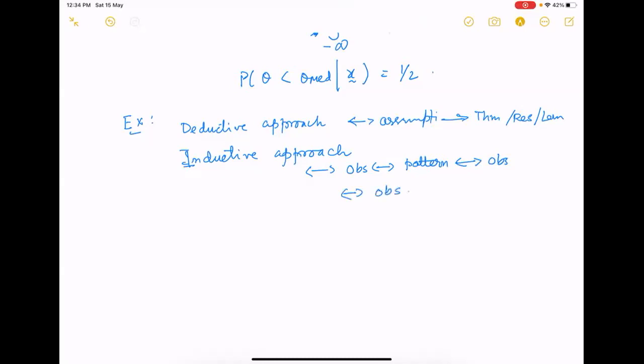In each observation, if the pattern repeats, finally you develop the sense that this thing happens. You conclude that the pattern is permanent. So it's more data oriented.